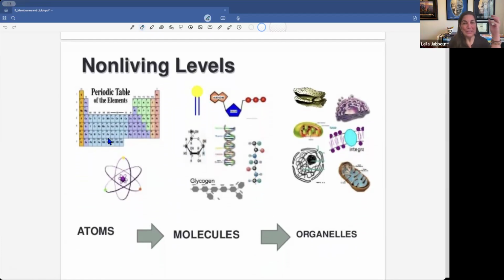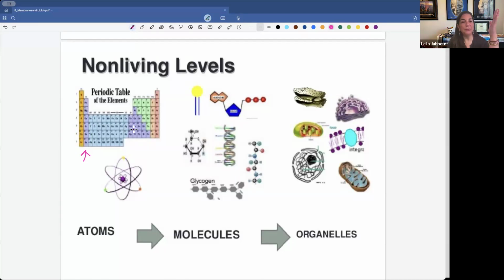In the lecture on basic chemistry for biology, you learned about elements in the periodic table, the element of carbon, the element of oxygen, and within each element you have a number of atoms. They're all carbon, but they vary by their atomic mass.